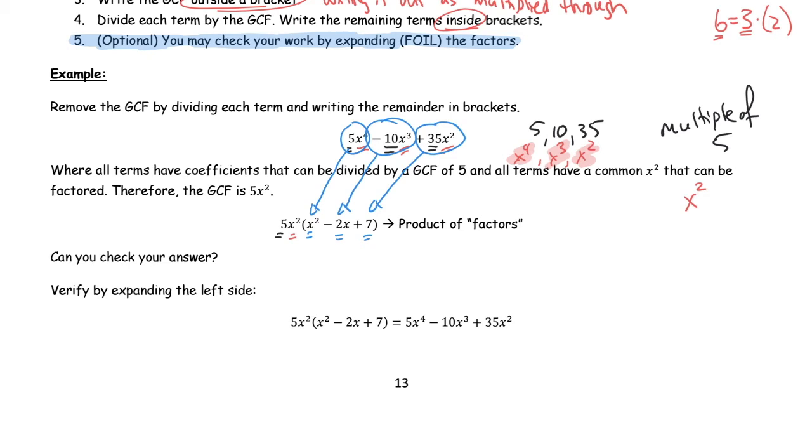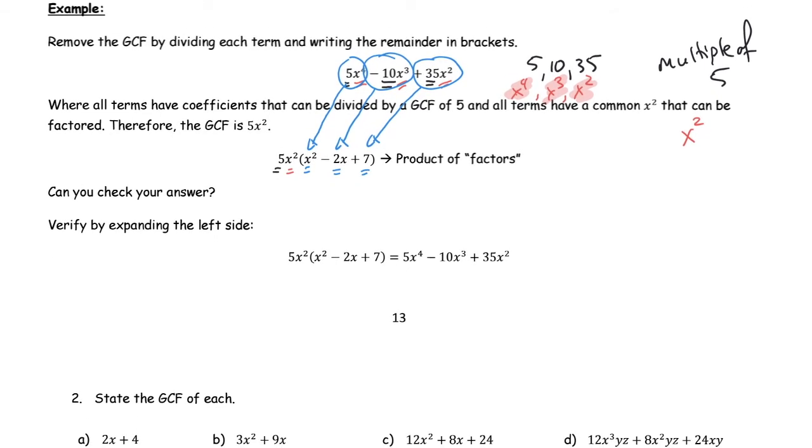Now, if I'm not 100% sure that I did that right, well, what I can do here is multiply it through. I can distribute this through here. Because I've got a monomial now, multiplied by a trinomial. And bear in mind, this whole thing up here, the way I've written it, is a monomial.